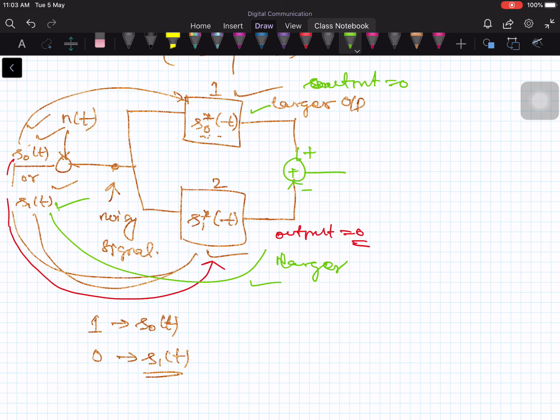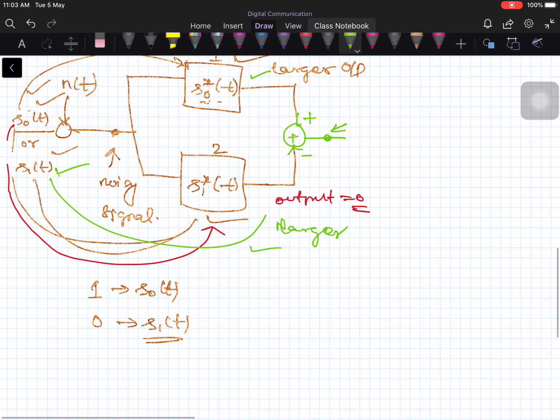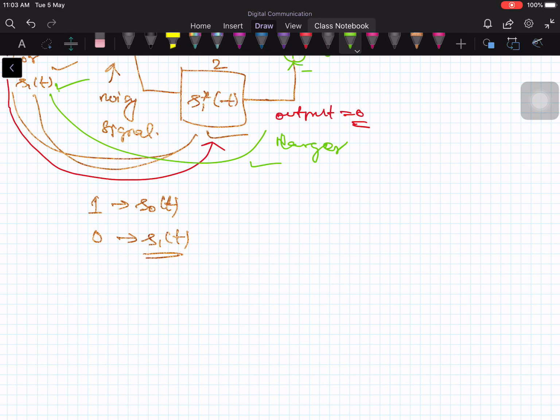Depending on the polarity of this signal, this is called a decision statistic. We are going to decide whether bit 0 was transmitted or bit 1 was transmitted, or whether s0 of t was the correct transmission or s1 of t was the correct transmission. So this is the intuitive picture, the physical explanation.